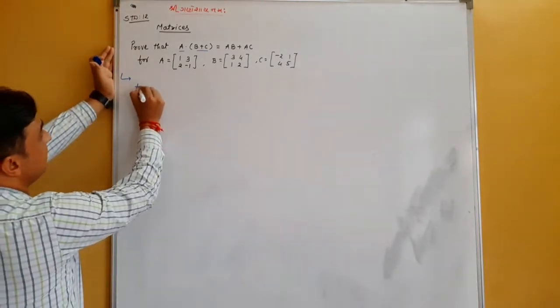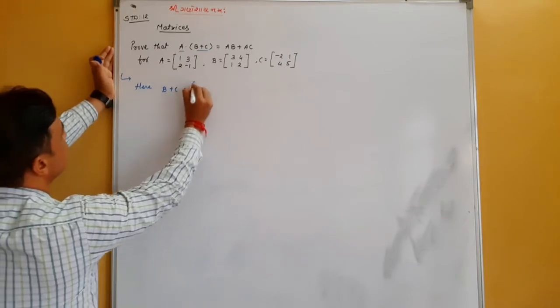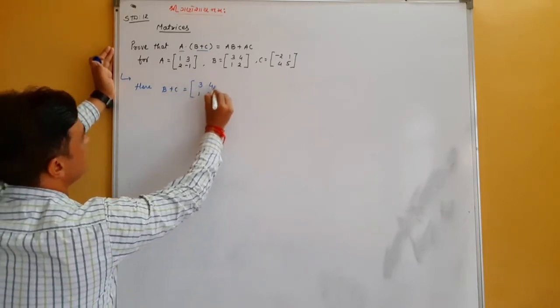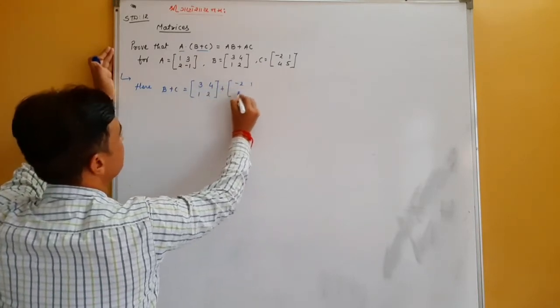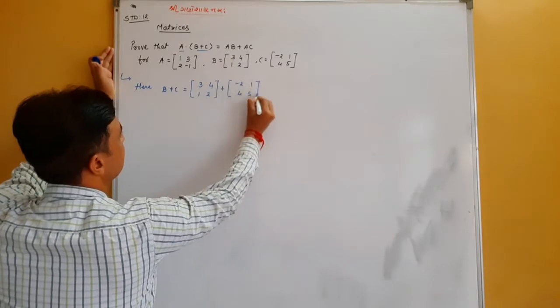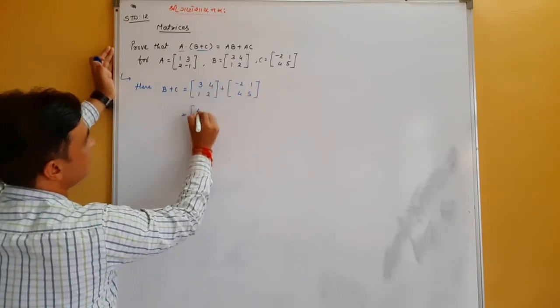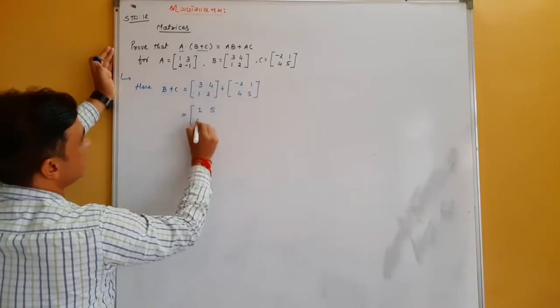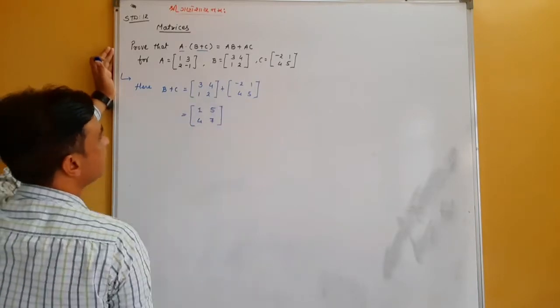So here, B plus C, the matrix B plus matrix C. Addition of that: 3 minus 2 is 1, 4 plus 1 is 5, 1 plus 4 is 5, and 2 plus 5 is 7.